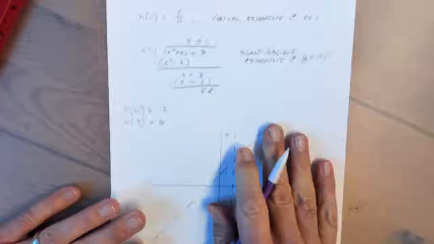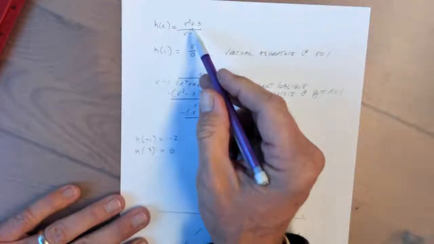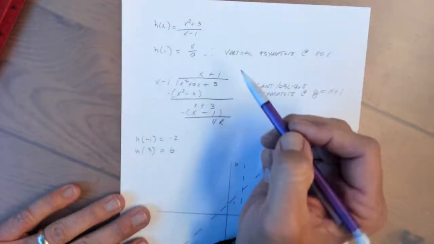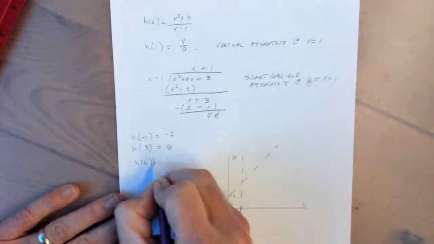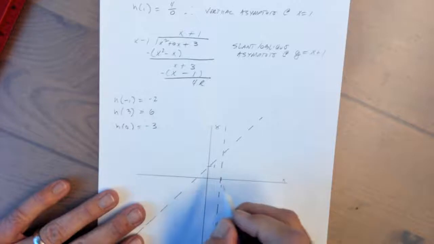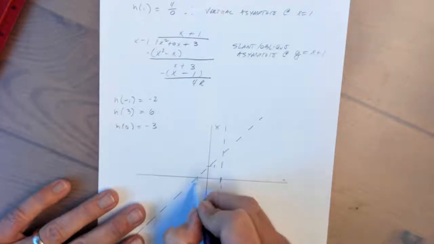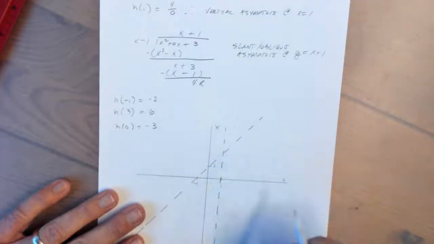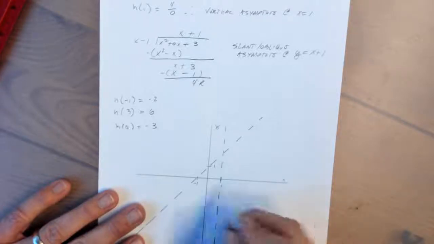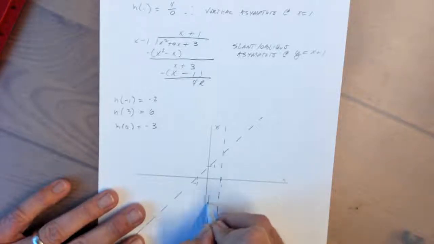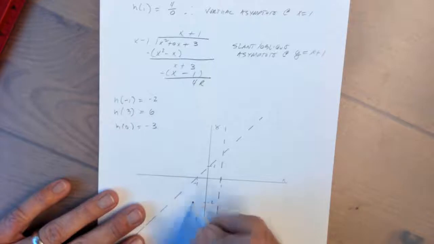It's easy to find the y-intercept as well if I substitute 0 for x. We'll get -3, so not a bad idea to have that point. So again, at -1, we have a y value of -2. That's a relative max.